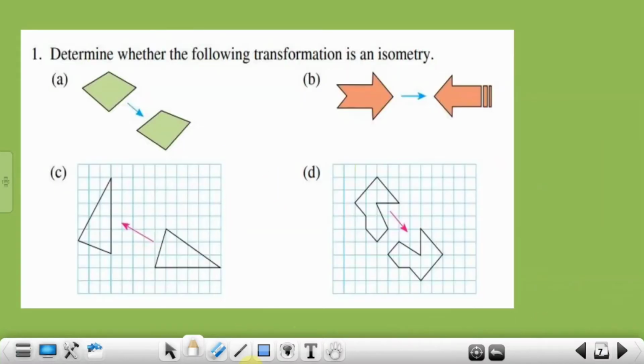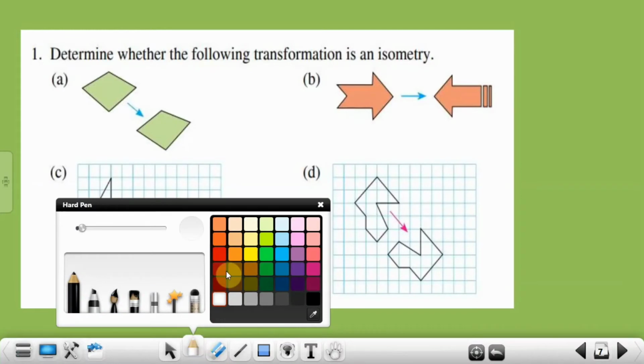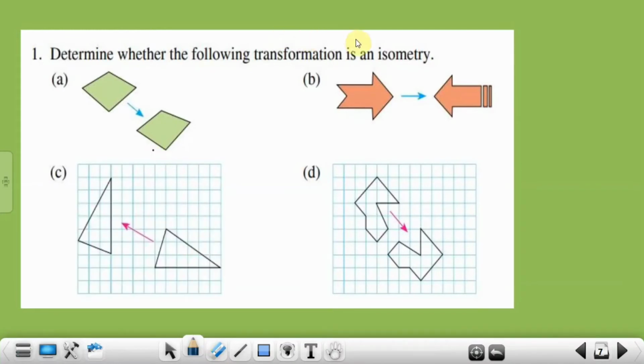Let's do a few questions. Number 1, determine whether the following transformation is isometry or not. You look at here. Is this isometry or not?